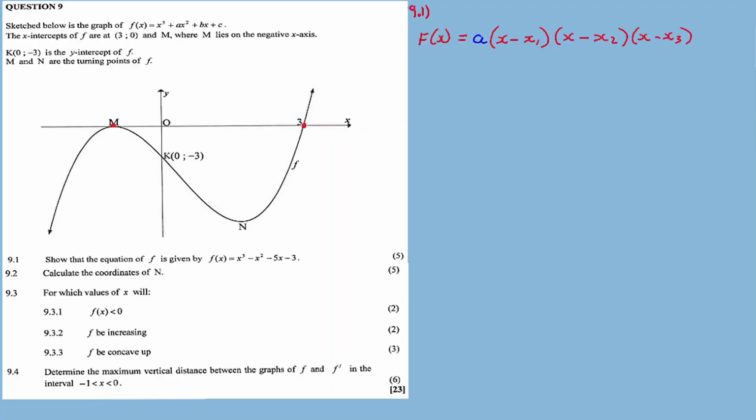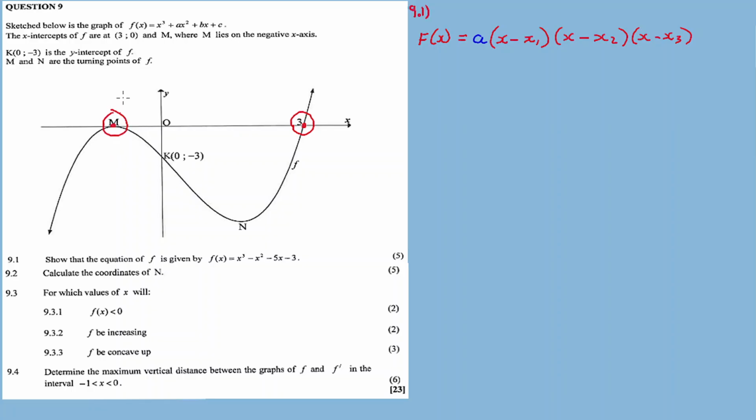F of x equal to a in bracket x minus x1, x minus x2, x minus x3, because we know that in a cubic function we have 3 x intercepts, but this particular example has only 2 x intercepts, this one and this one.